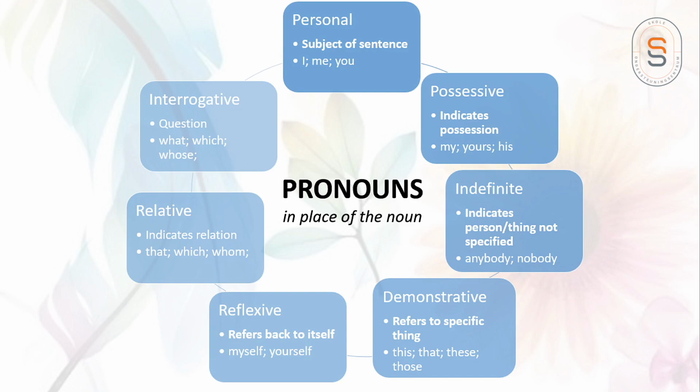Demonstrative refers to a specific thing, this or that or these or those. Reflexive, it refers back to itself, myself or yourself. Relative, it indicates relation, that, which or whom. And interrogative is when you ask a question, what, which, and whose. Remember, the main function of the pronoun is that it stands in the place of the noun.